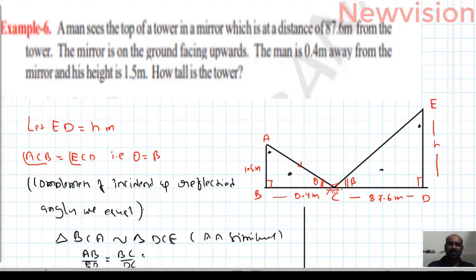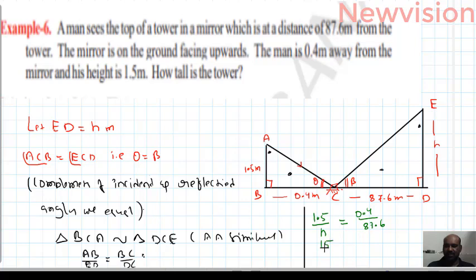Now what will we get? AB means 1.5. So 1.5 by ED, ED means h, equals BC by DC. Here BC is 0.4 and DC is 87.6. Now I want to simplify this.